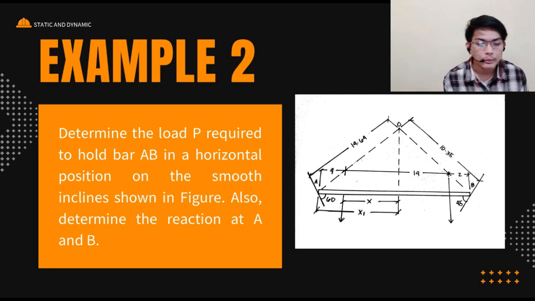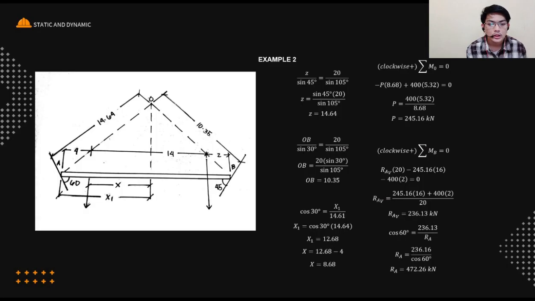For example number 2, we have C over sine 45 degrees equal to 20 over sine 105 degrees. It's 105 degrees because it's 60 degrees plus 45 degrees. From cross multiplication, C equals sine 45 degrees multiplied by 20 over sine 105 degrees, so C equals 14.64.